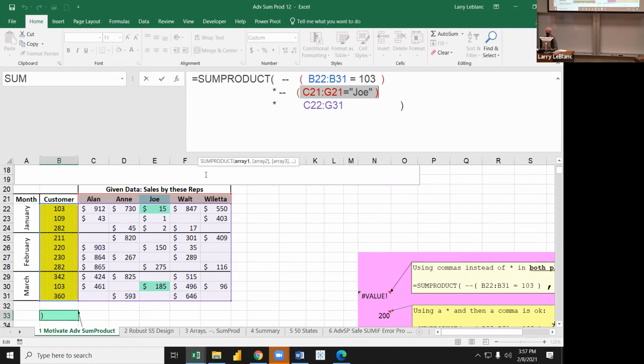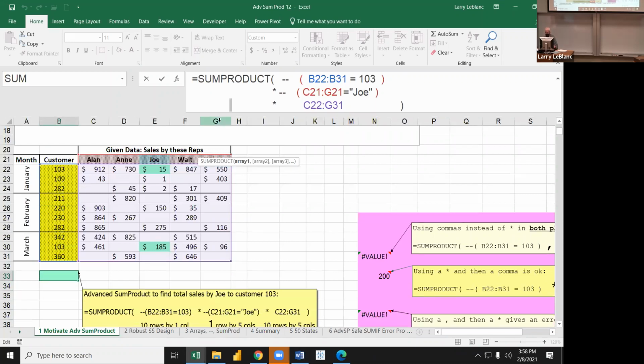We need to convert each true to +1 and each false to 0. We do that using minus minus. That's the conventional way. To force something to be a number, we minus it. Only a number can have a sign, plus or minus. We talked about this last class in a similar context.